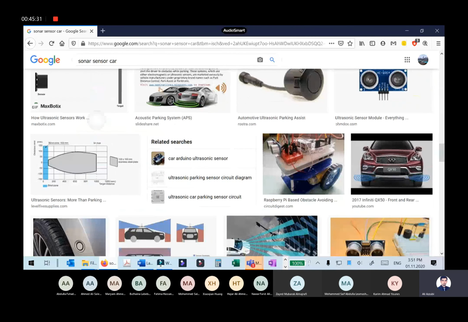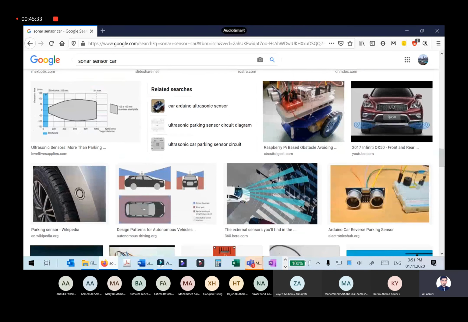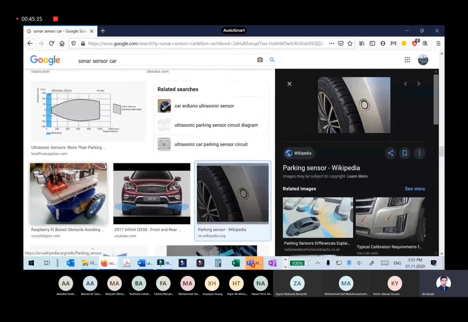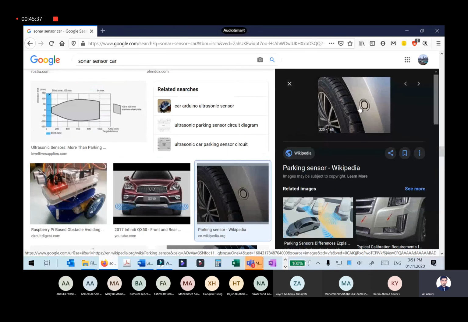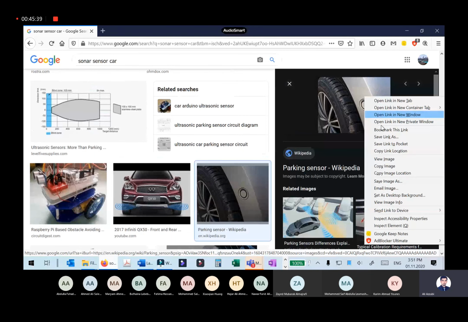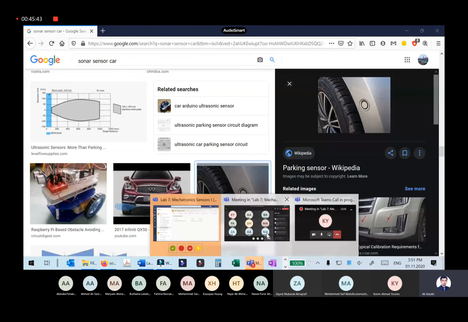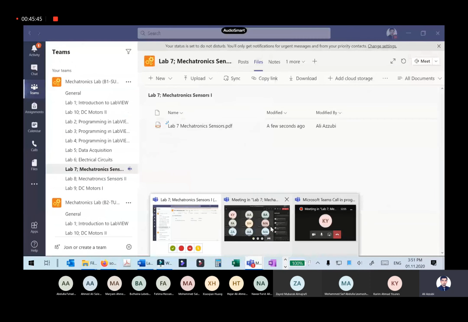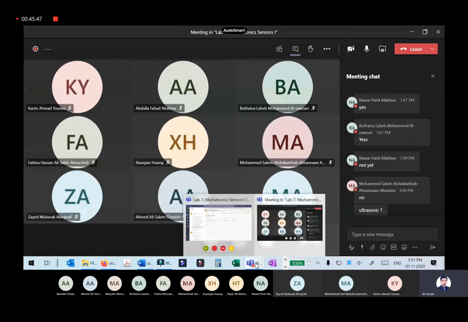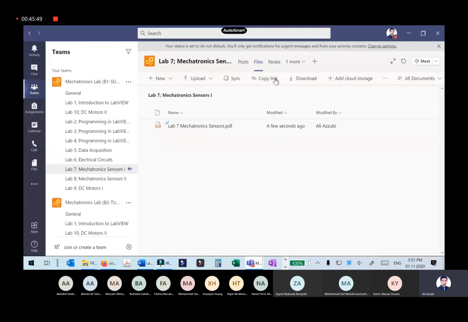I'm trying to find a clear image. Yeah, this one. Most of us see these dimples. So let's copy the image and go to OneNote. Yes, sonar and ultrasonic, it's the same.